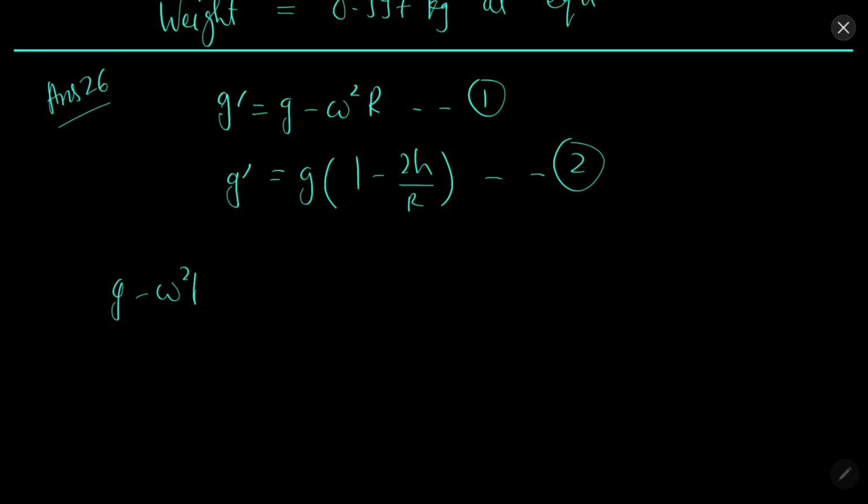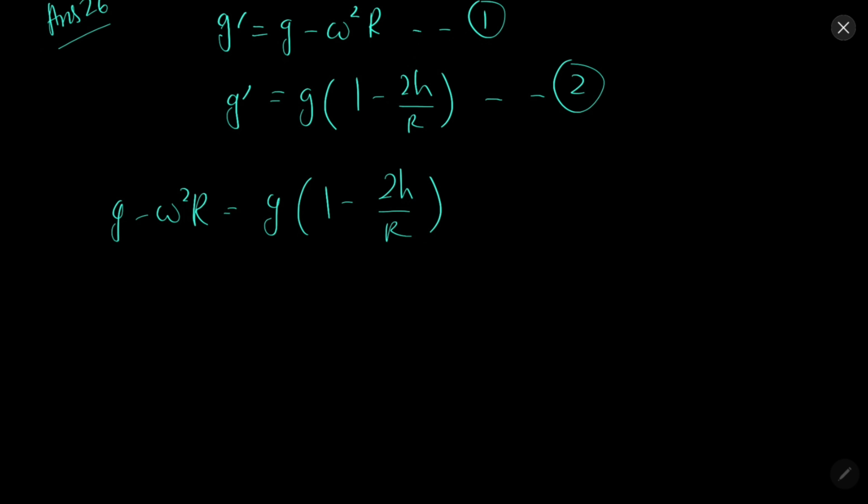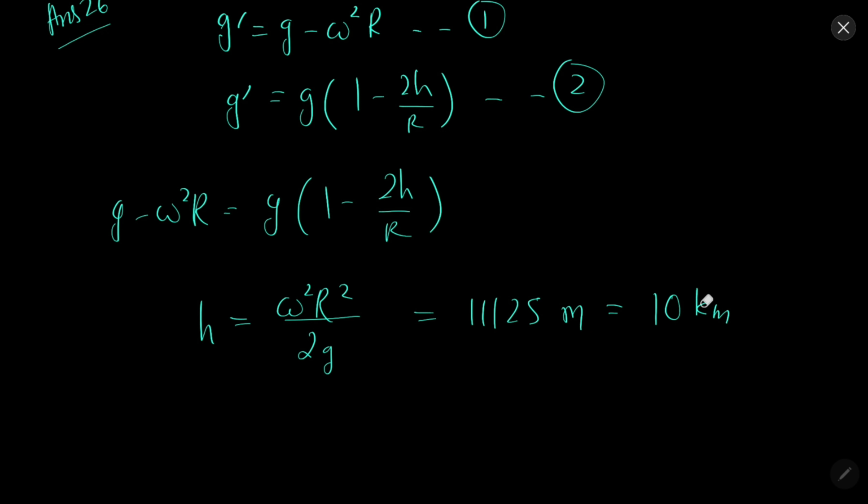So g minus omega square r equal to g into 1 minus 2h over r. So from this h will come out to be omega square r square over 2g, which will be 11125 meters, or approximately 10 or 11 kilometers.